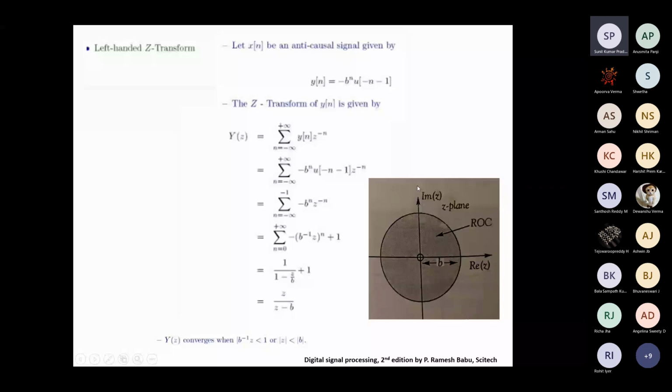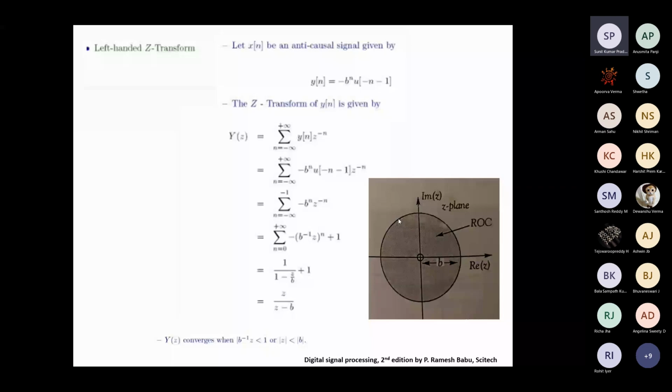So depending upon whether it is a causal or anti-causal signal, your ROC is determined accordingly. For causal signals, your ROC will be outside the circle of that particular radius, and for anti-causal signals, inside the circle of that particular radius.